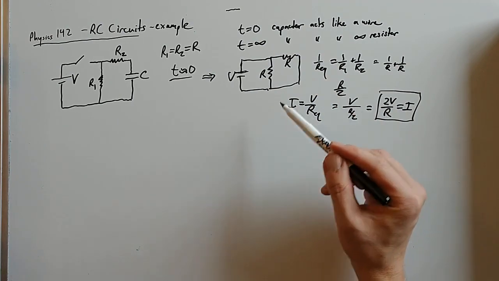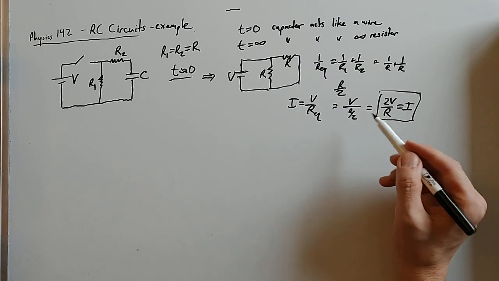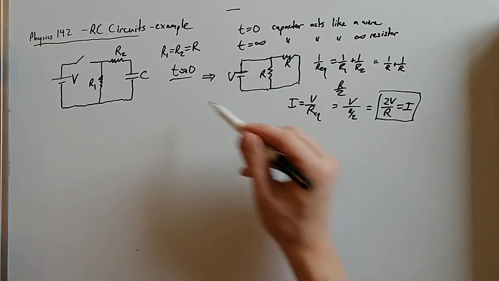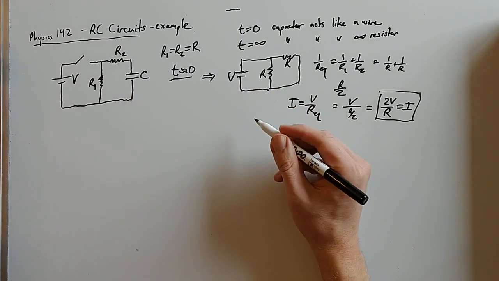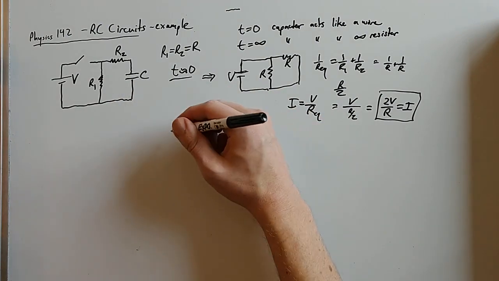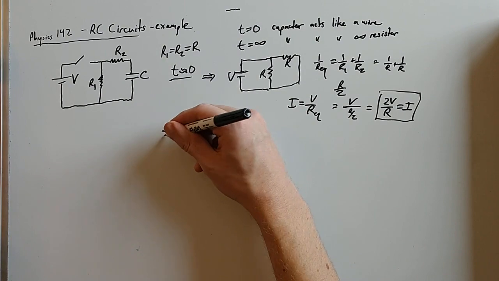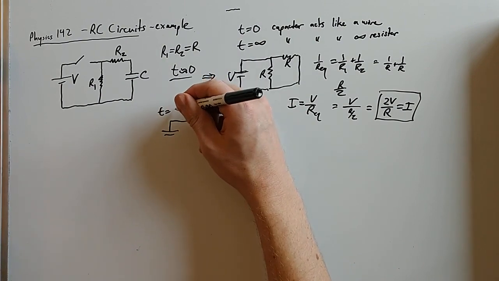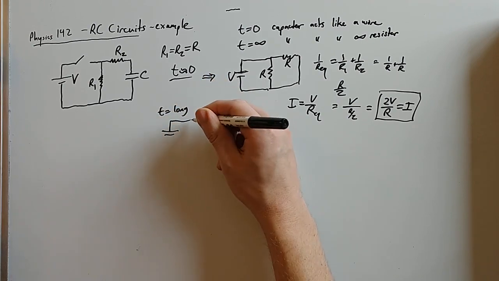But now let's think about several time constants later, so a long time later. After a long time, C is going to act like an infinite resistor. And so then our circuit would look like this, the circuit after a long time, t equals some long period of time.